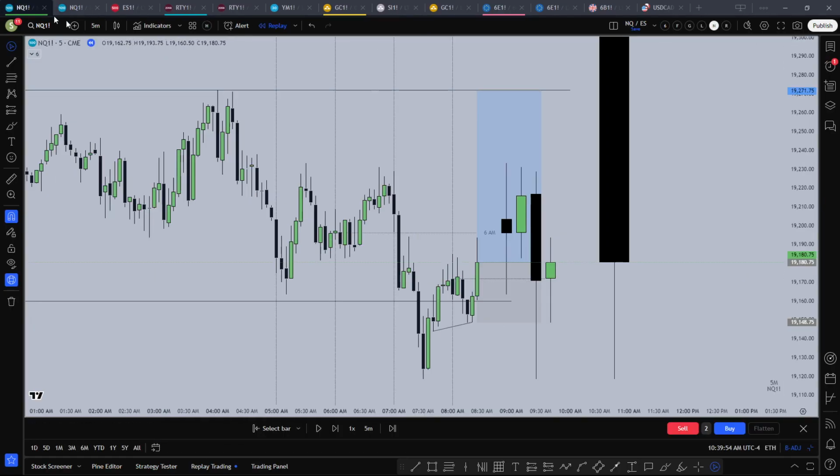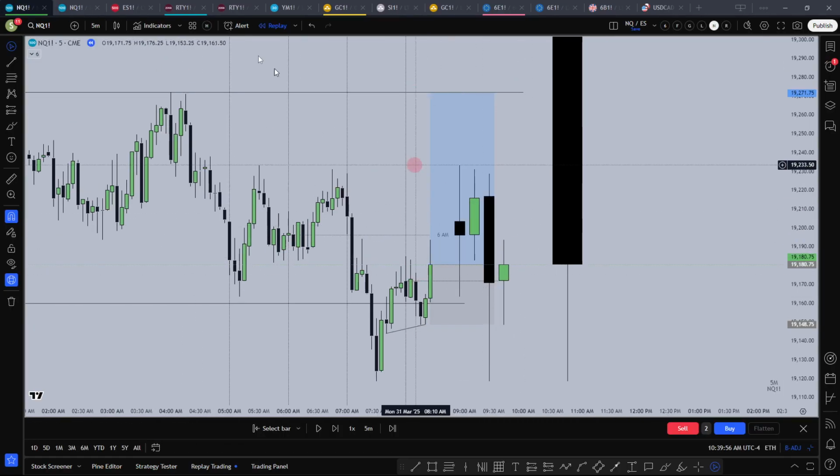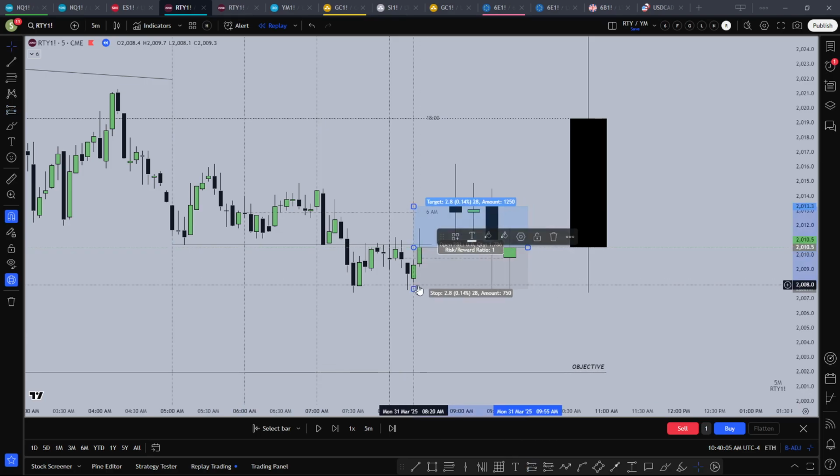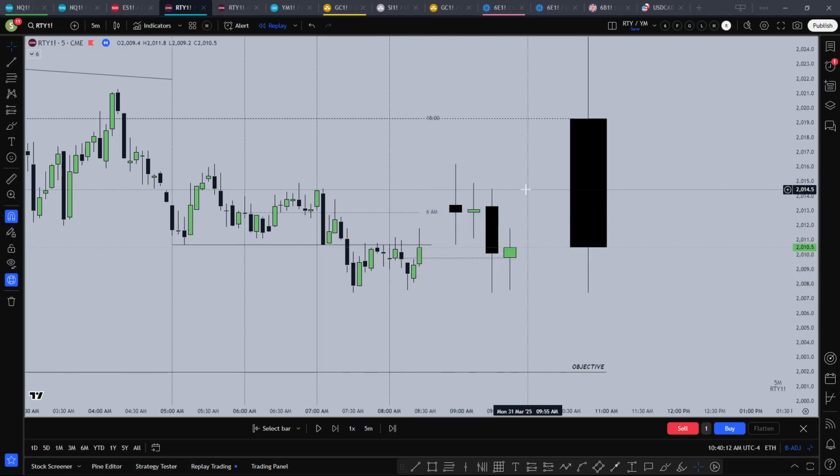So if we were to long, the best asset would have been NQ. RTY still not displaced much back inside, but the same entry, this one. Why it is better on NQ and not RTY? RTY more weak than strong.